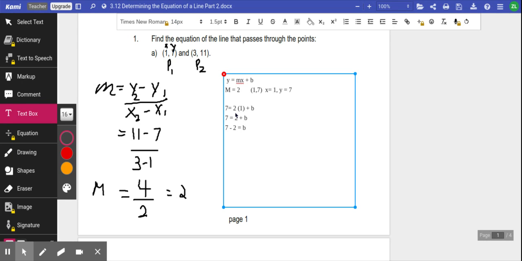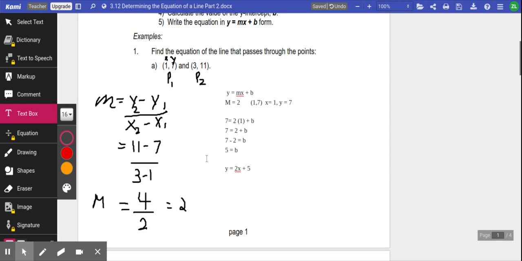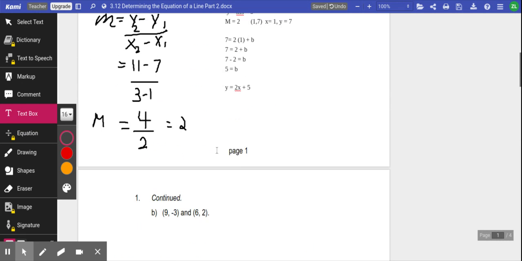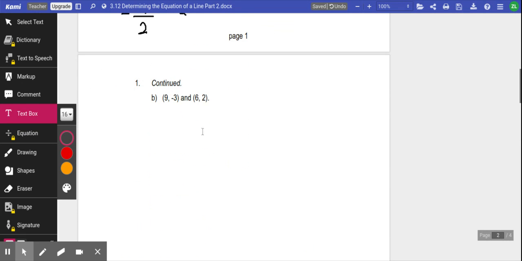And then 5 will be our answer for b. So from here, we can just continue this on to write out 2x, because we know the slope, plus 5 being our answer. And that is it. We'll go through one more example, okay?